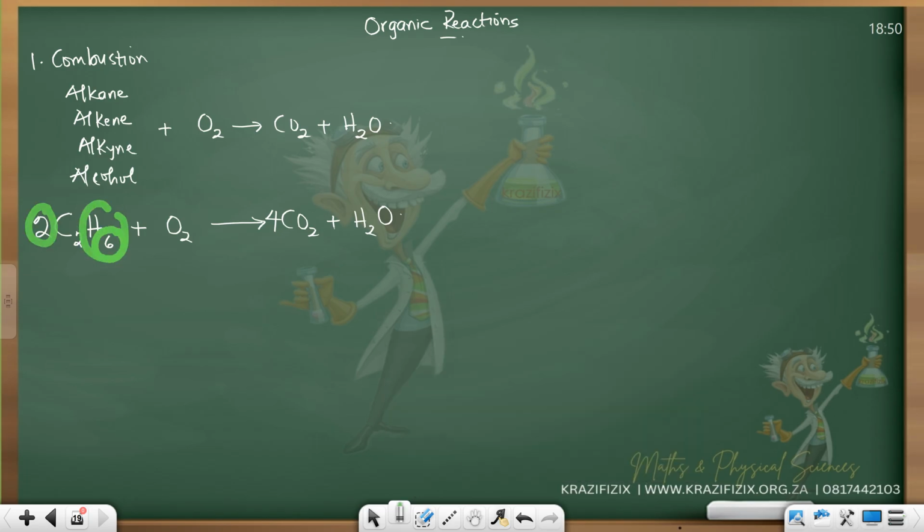There's a 2 times 6, but on the right-hand side, there's a 2 already there. All I need to do is to put a 6 there, to now make it 12. Do you see that it's automatically balanced? It's 2 times 6, but on the right-hand side, we just reverse it. What is left is oxygen.